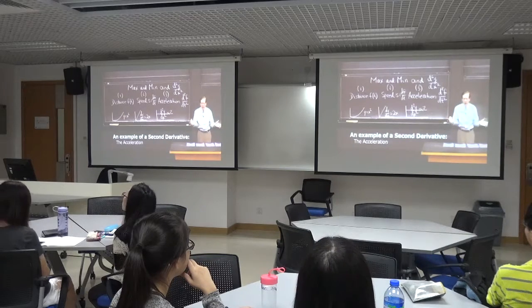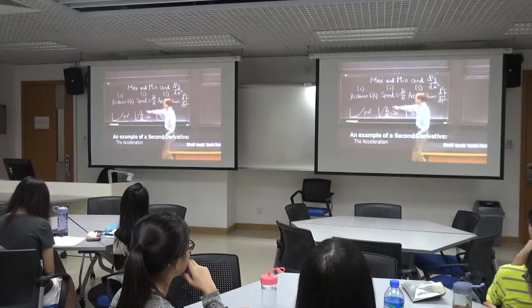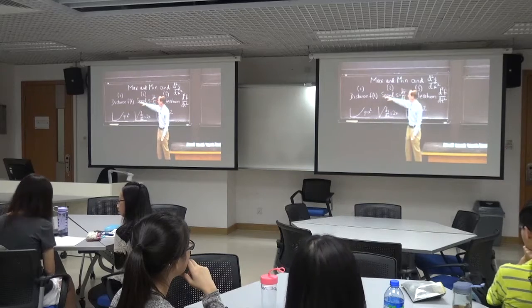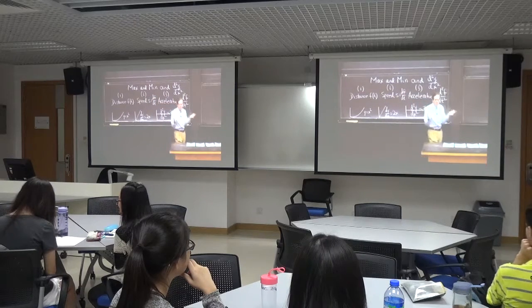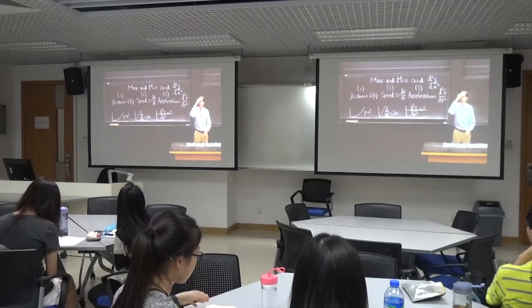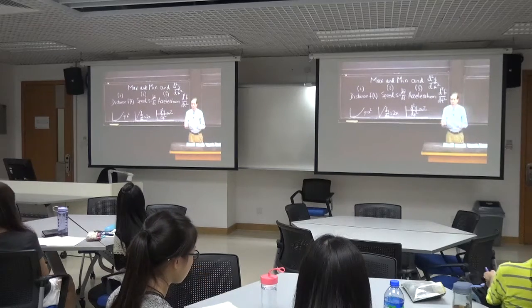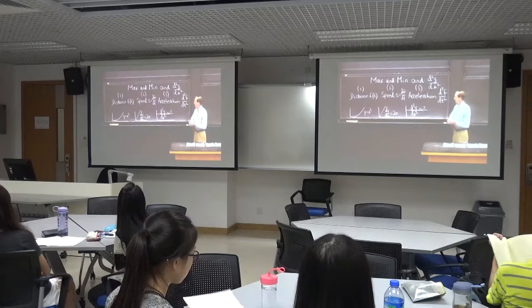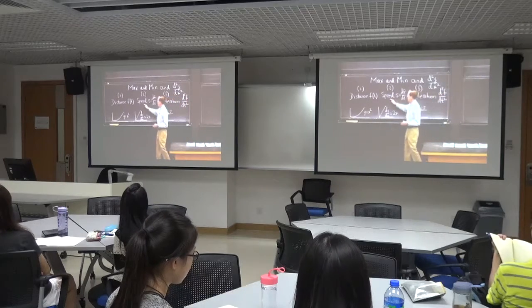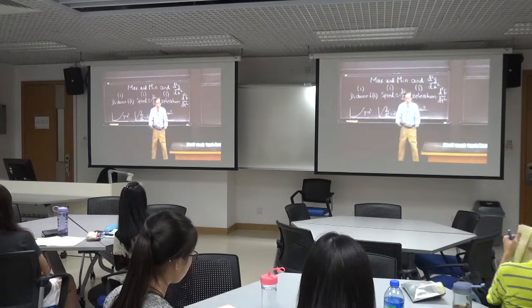The big picture of calculus started with 2 functions, the distance and the speed, and we discussed in detail the connection between them. How to recover the speed if we know the distance. Take the derivative.